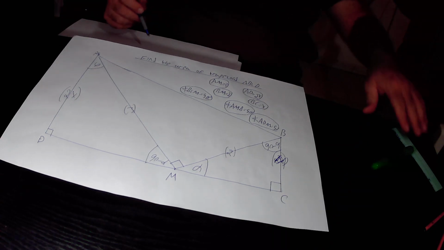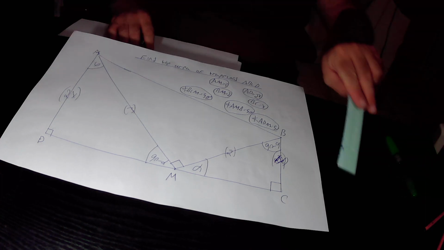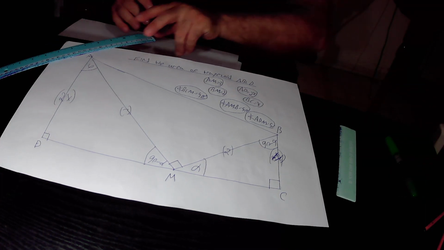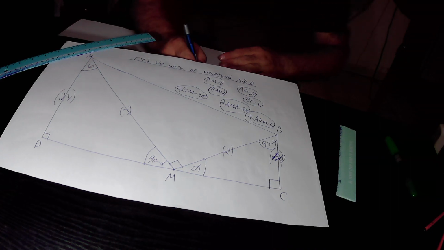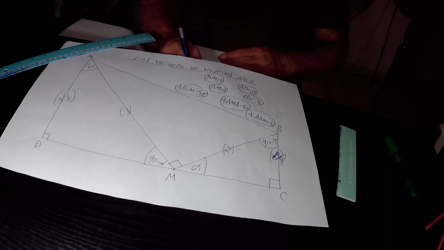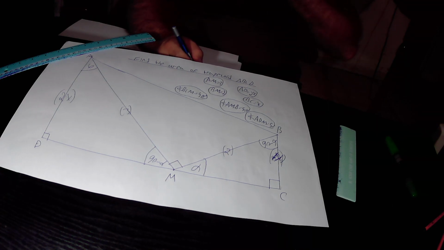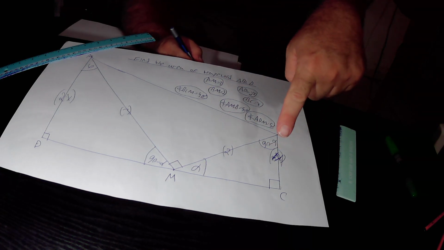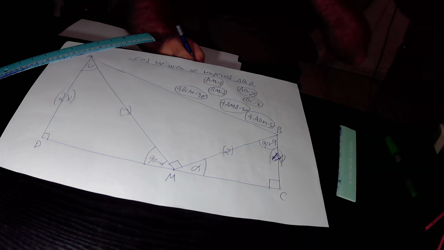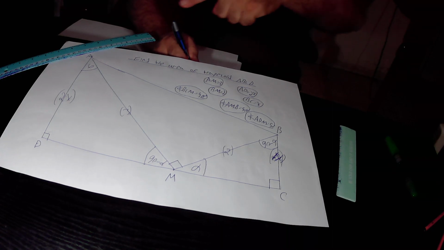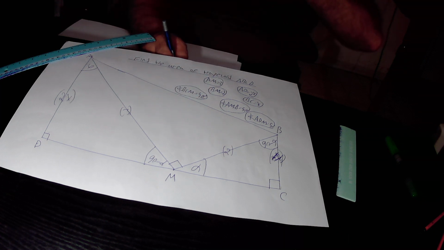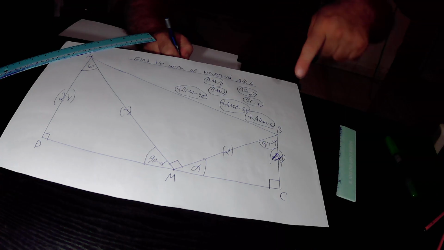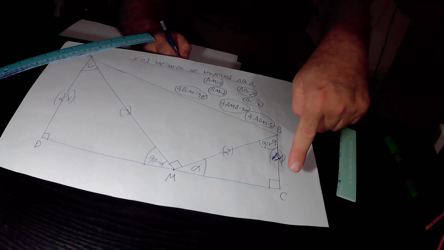We will derive that side AD of this big right triangle ADM over side MC of this small right triangle BCM is equal to side DM of this big right triangle ADM over side BC of this small right triangle BCM.